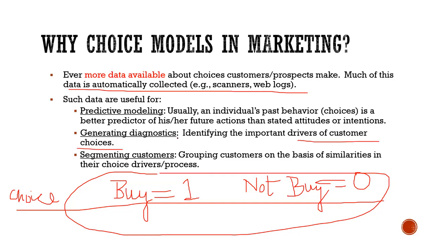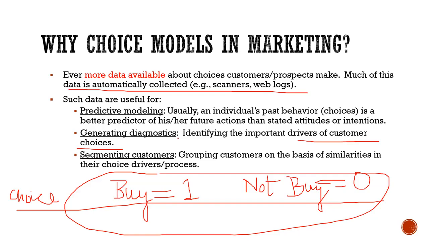For example, you are more driven to buy Cadbury's because you love the packaging, and you're more driven to buy Lindt chocolate because you like the flavor. So what are those factors which drive the consumers to make certain choices? Those type of diagnostics can be easily done using the choice data.